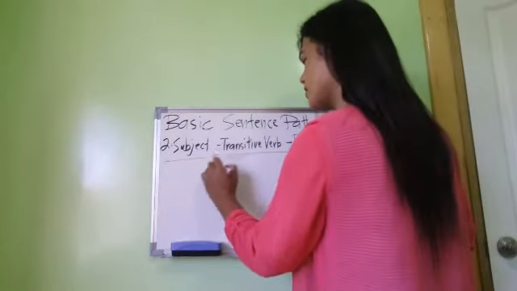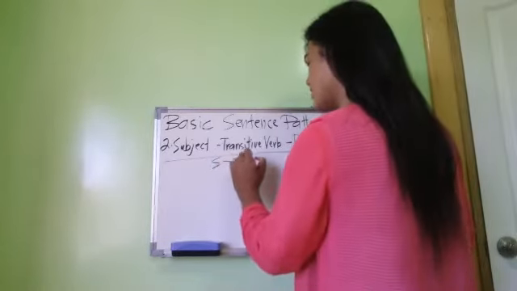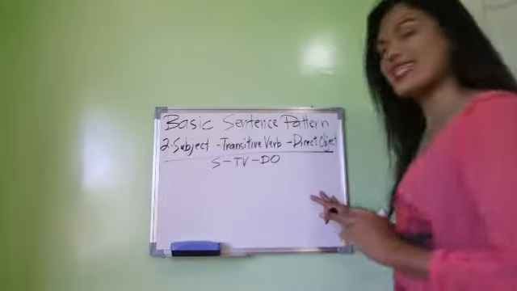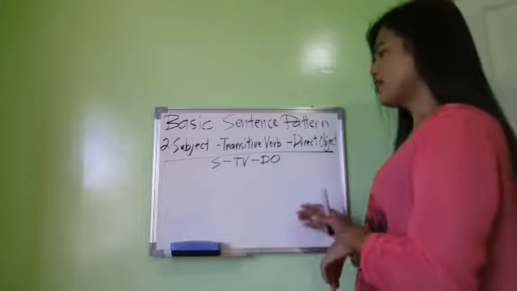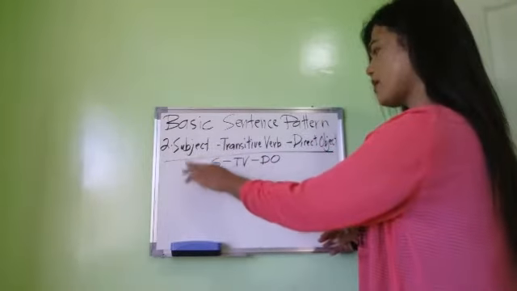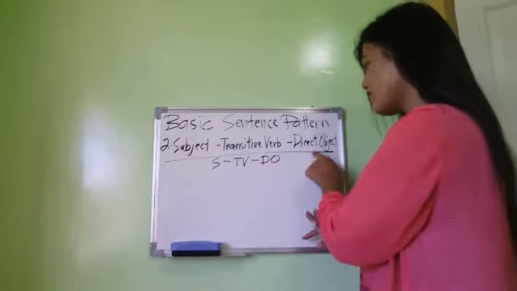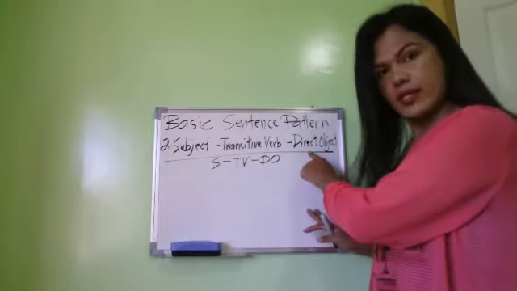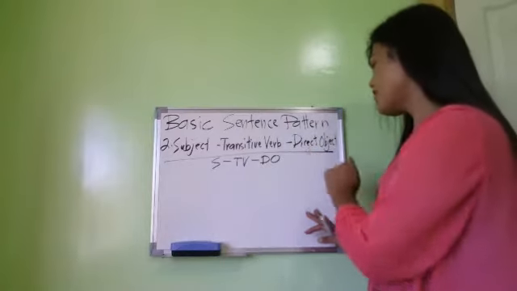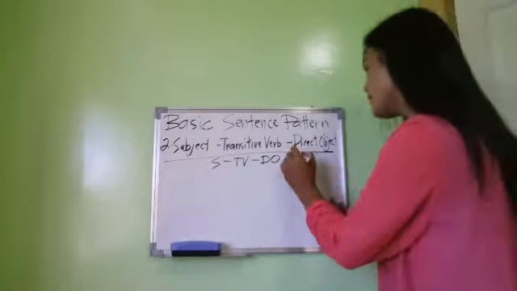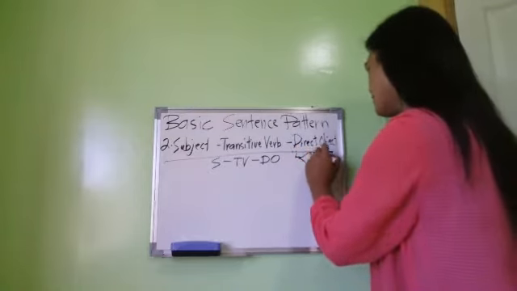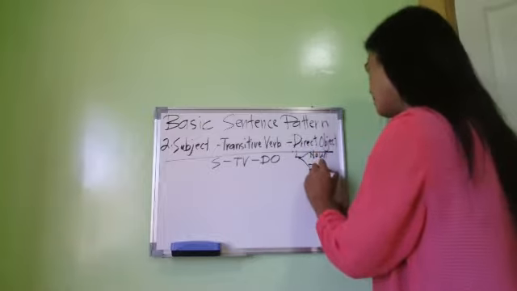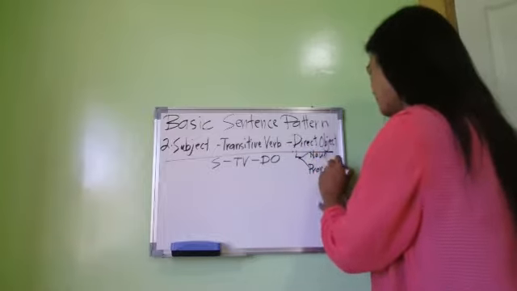In short, this is called your STVDO pattern. So as you can see here, we have the subject, the transitive verb, and then of course we have your direct object. So speaking of direct object, it could be a noun or a pronoun.